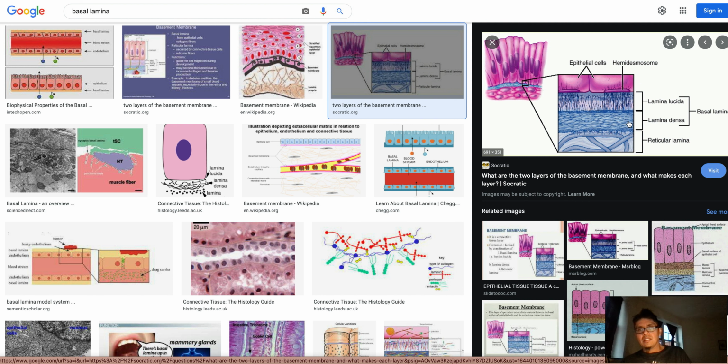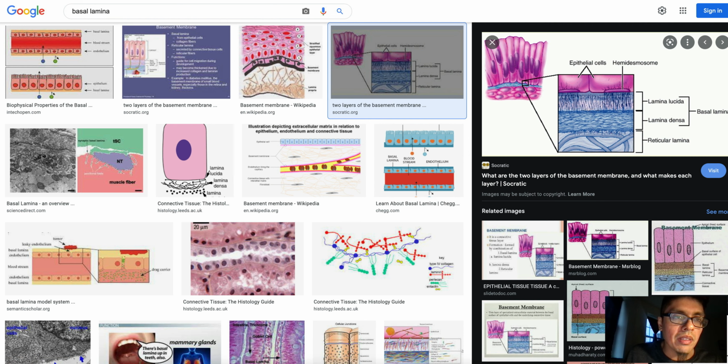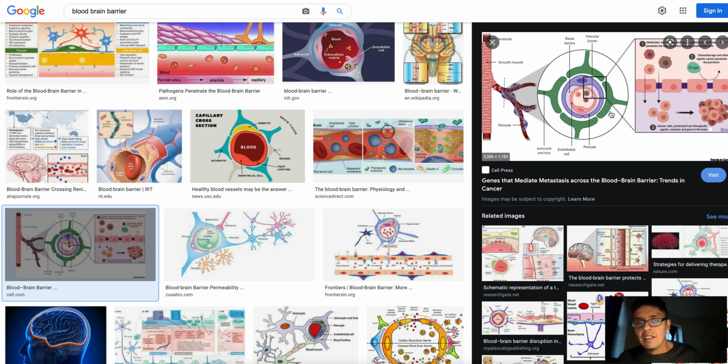Like in this case, this would be the lamina densa, etc. That's not super important for what I wanted to talk about, but here's the other thing. Let's go back, so you can imagine these are the astrocyte end feet that stimulate tight junctions, so that stimulate the connection of these endothelial cells to other endothelial cells, right?